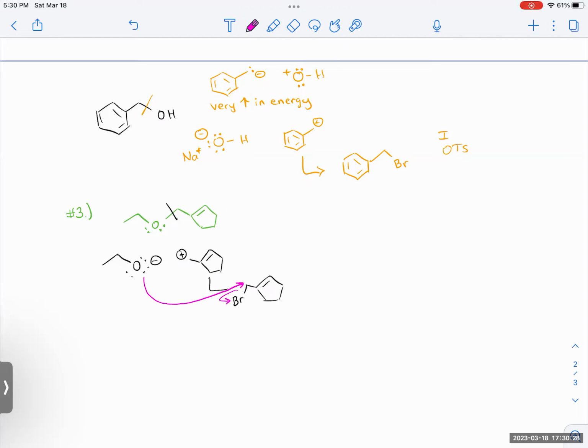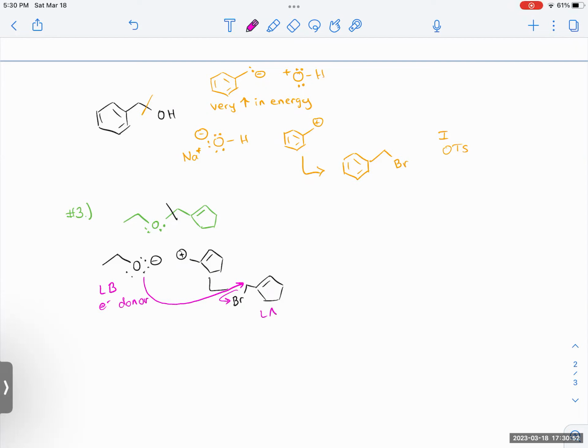So if you had to label Lewis base, Lewis acid, which one is the Lewis base? The oxygen anion. Yeah. So this is our Lewis base. Let's not forget, it's our electron donor.